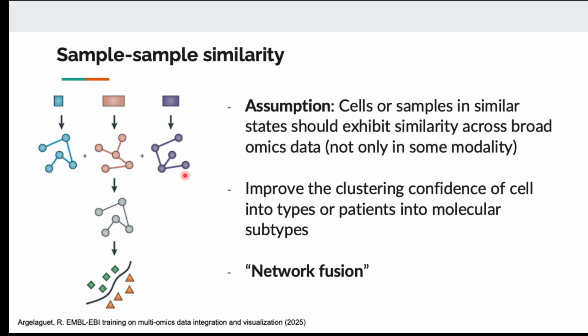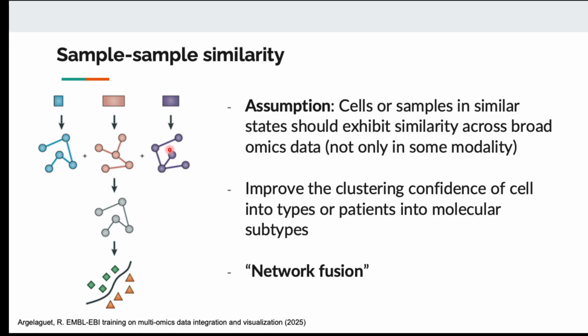And the last one here is integrating the similarity between cells or between tissue, between cells or between samples. So let's imagine you have a cohort of patients, and in this cohort, you analyze different omics data. You identify mutation from genomics, you look at differential expression from transcriptomics, you identify chromatin accessibility from ATAC-seq from the same group of patients or the same group of samples.